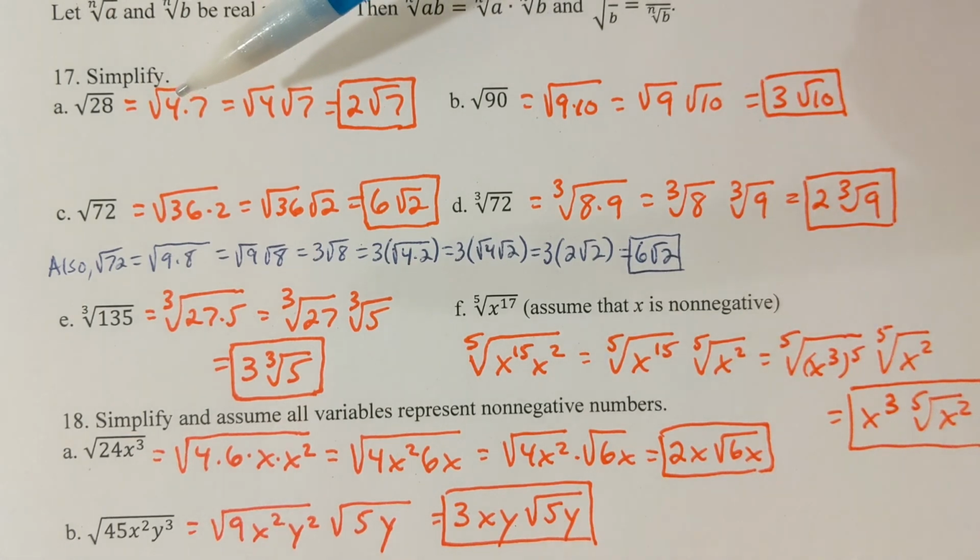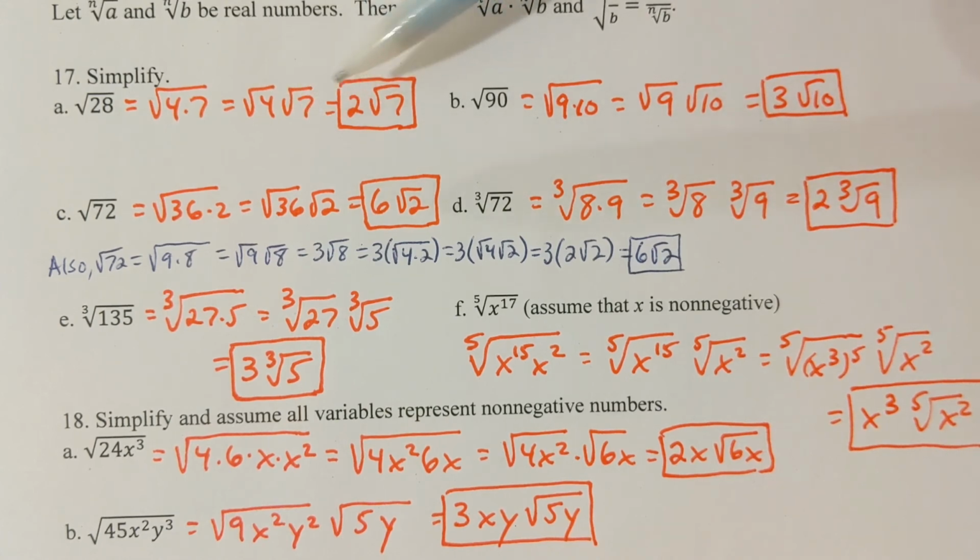Like I know 4 times 7 is 28, and I also know the square root of 4 is 2. Now I can split this radical into 2 since I'm multiplying these numbers, and I know the square root of 4 is 2, like I said. The square root of 7 would be the leftover, and so 2 times the square root of 7, that would be the simplified form of the square root of 28.